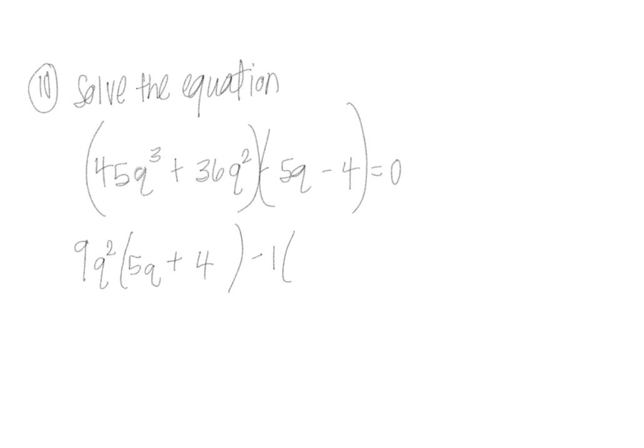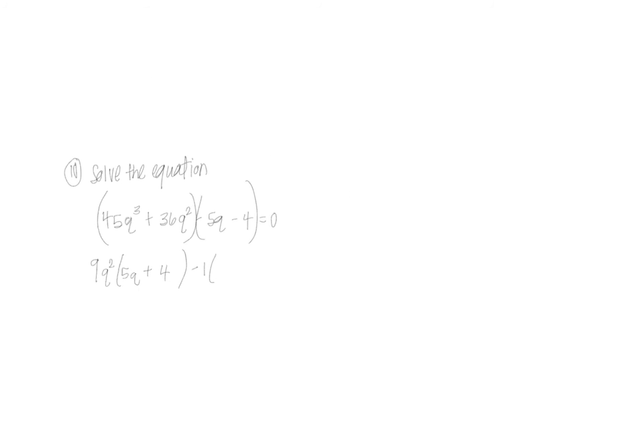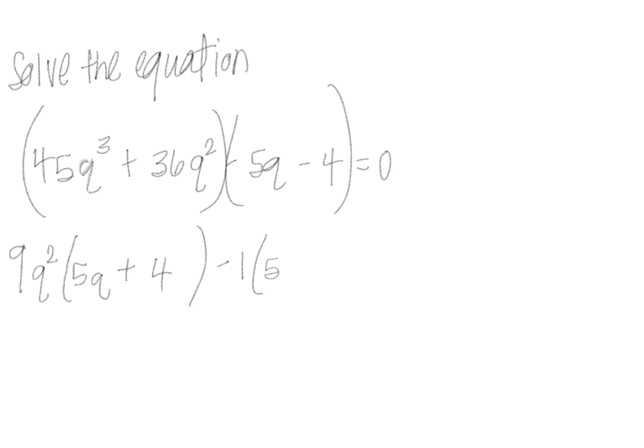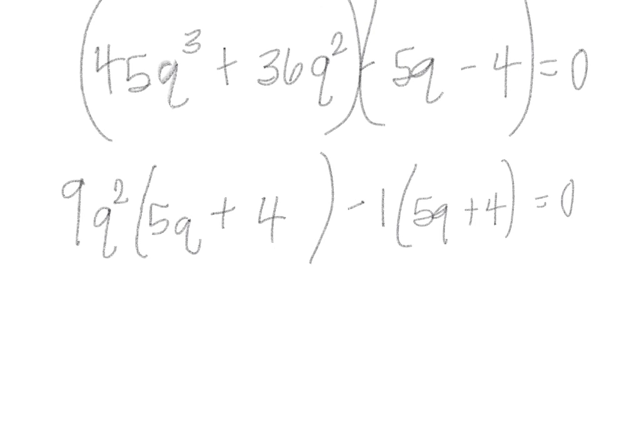The same thing, just with opposite signs. So a positive 5q and a positive 4. And look, what we were left with in both cases is the same exact thing, and that's actually what's supposed to happen. If that didn't happen, we probably messed it up somewhere.